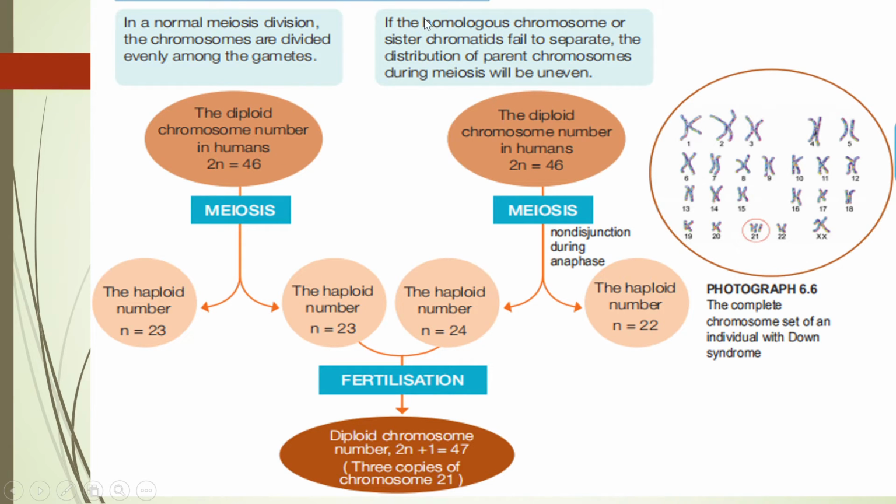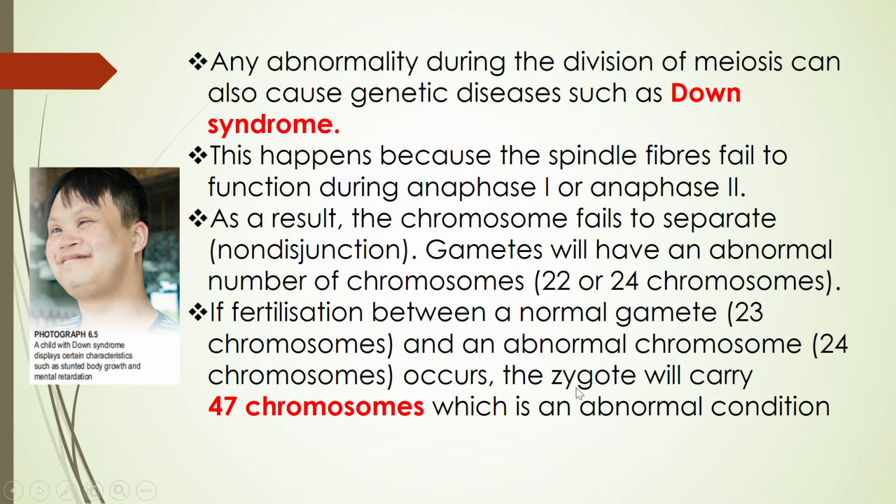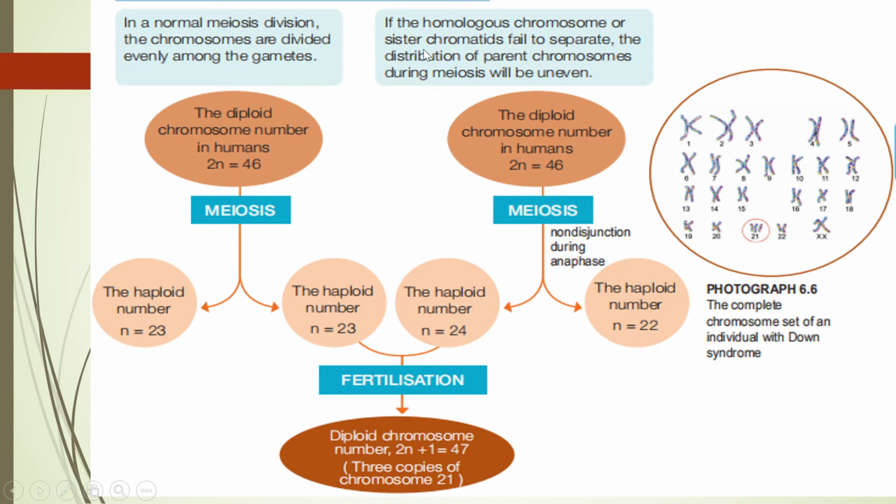But if the homologous chromosomes or the sister chromatids fail to separate, it could be during anaphase 1 or anaphase 2. If it is anaphase 1, the homologous chromosomes fail to separate. If it is anaphase 2, the sister chromatids fail to separate. So the distribution of parent chromosomes during meiosis will be uneven.